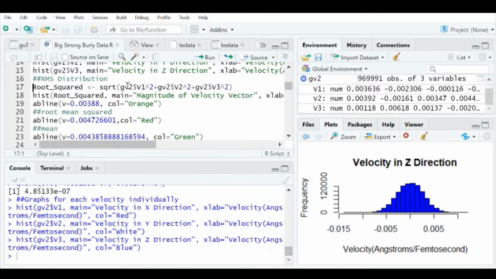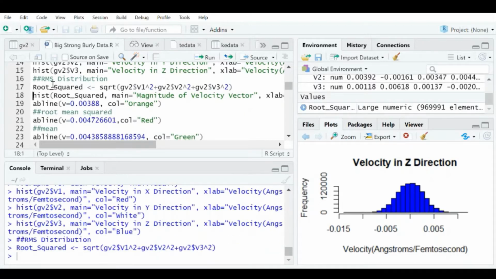Here, you see the power of R as I create a new data table using the square root of the magnitude of all the vectors here, the x, y, and z direction squared. This creates the magnitude of the total velocity vector for each molecule at each point in time measured in this data set.